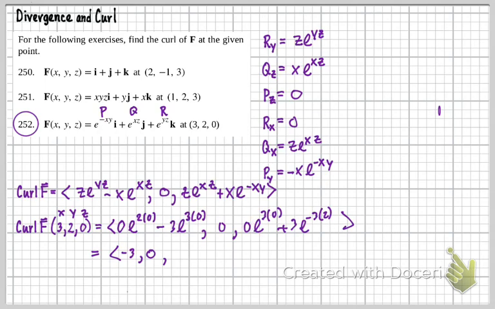And then for the last one here, this is going to be 3e to the negative 6. So there is my vector at the point 3, 2, 0. I would call this the curl at 3, 2, 0. So there's my answer.